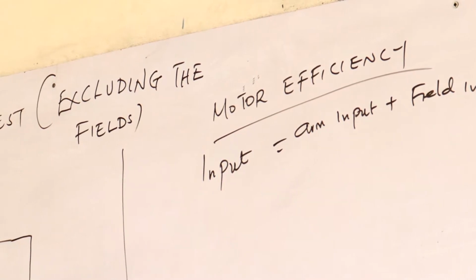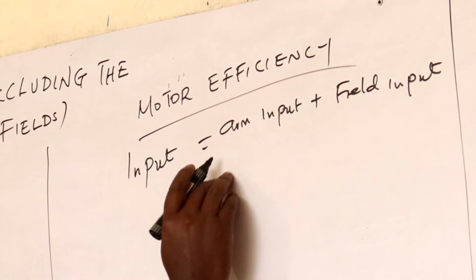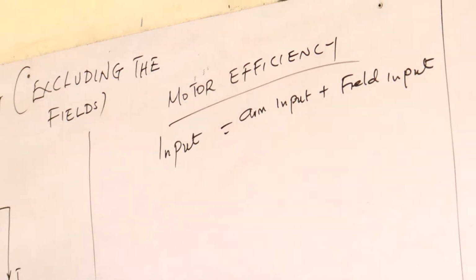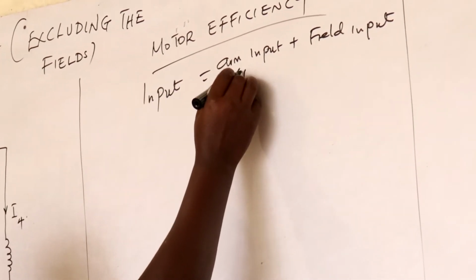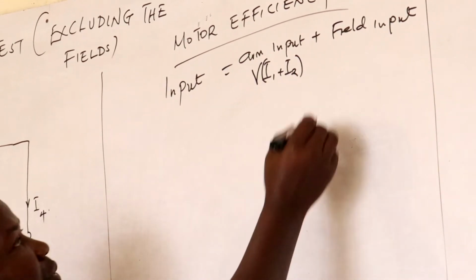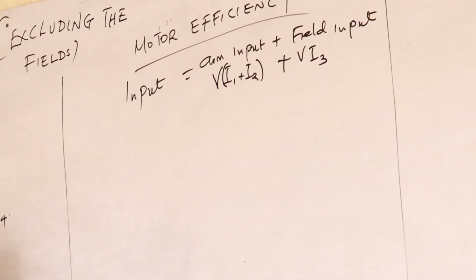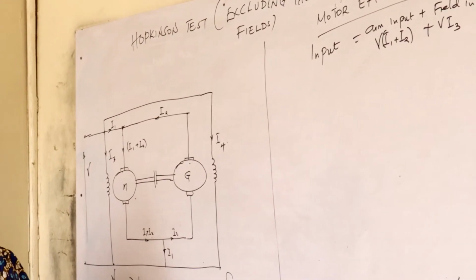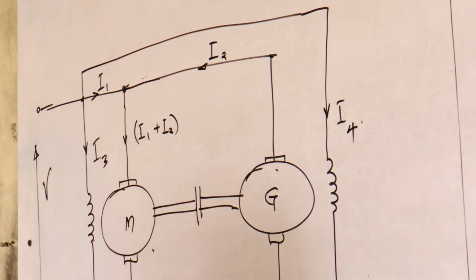What is the armature input? It is V(I1 plus I2), because they are in parallel, plus VI3.